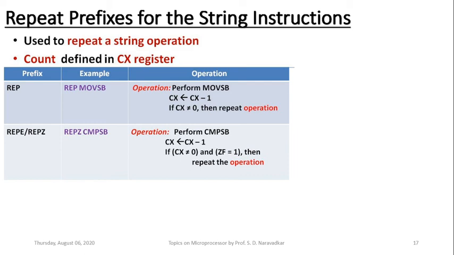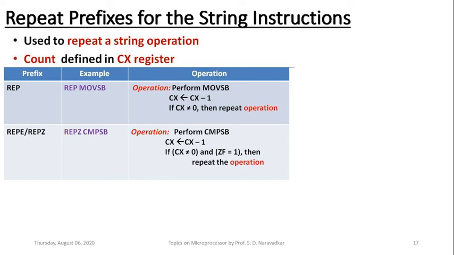One additional condition is written in the third step. If that count CX is not equal to 0 and zero flag is set to 1 in that compare string byte operation, then and only then repeat the operation, go back and execute compare string byte, the subsequent byte comparison to be performed. Then again decrement that count by 1, CX minus 1.